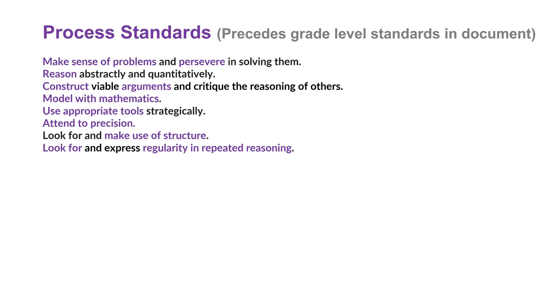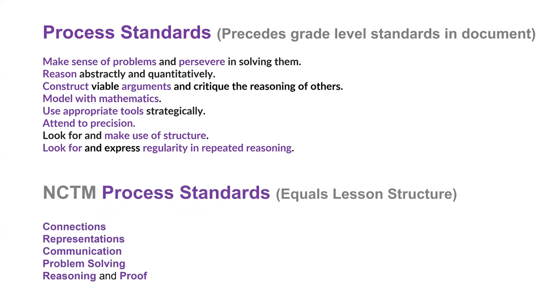For example, reading the list on your screen: make sense of problems and persevere in solving them, reason abstractly and quantitatively, construct viable arguments, model with mathematics, etc. These have different wording, rigor, and detail, yet reflect what is contained in the NCTM process standards. The terms in purple bold font show a relationship between the two process standards connected to the structure of Equals.